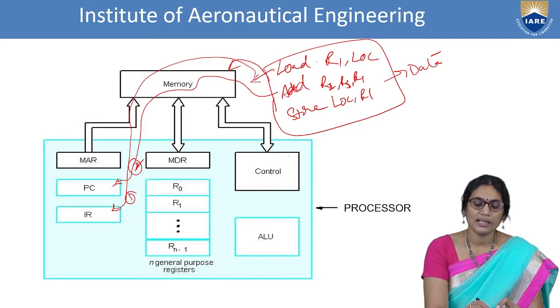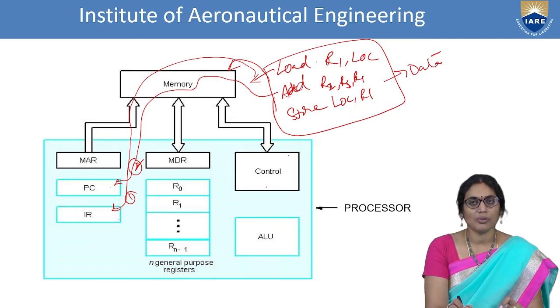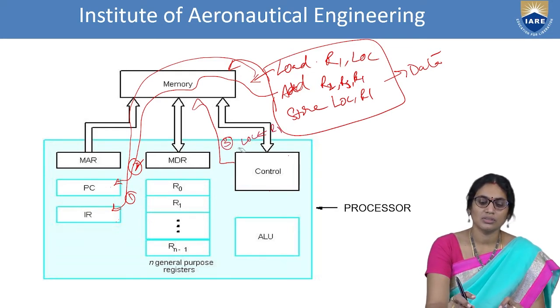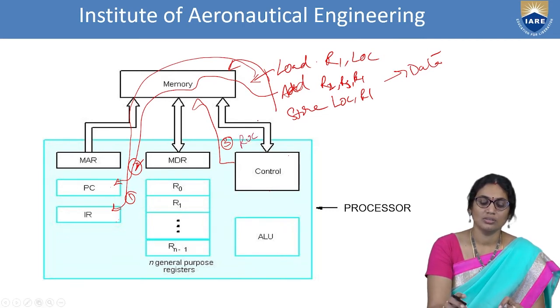Now, based on the second step, the first instruction is simply load. The load will be redirected from the control unit to main memory again, and R1 is loaded with LOC. This is the third case.